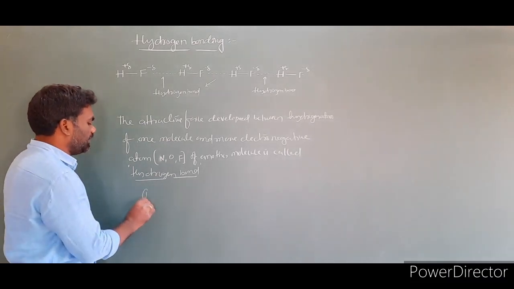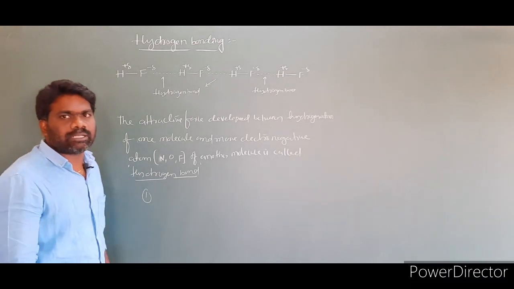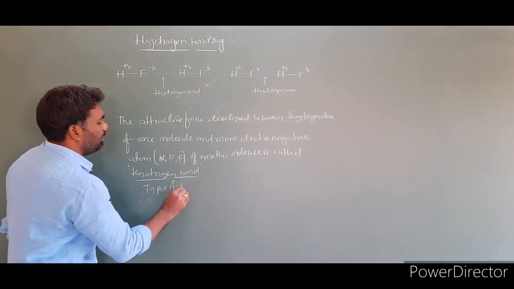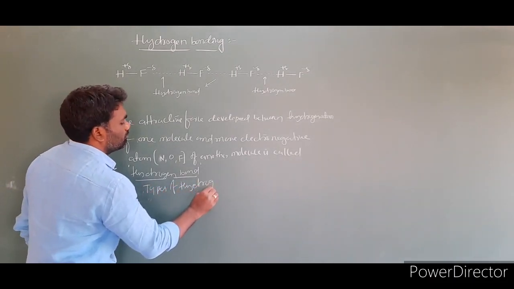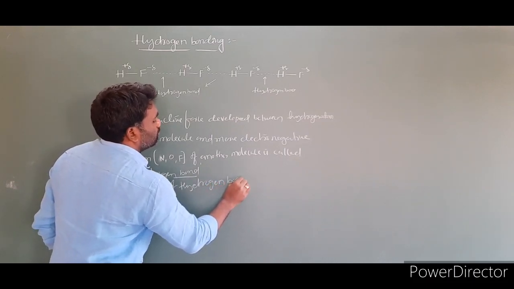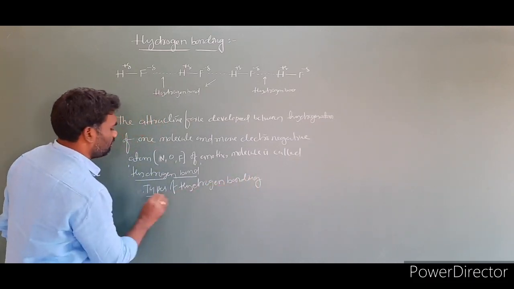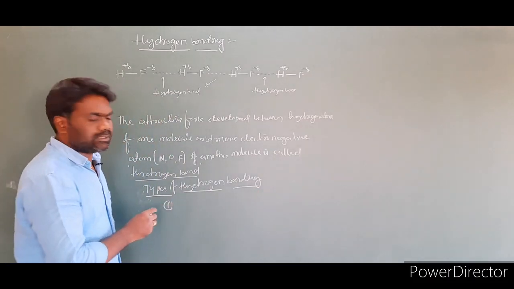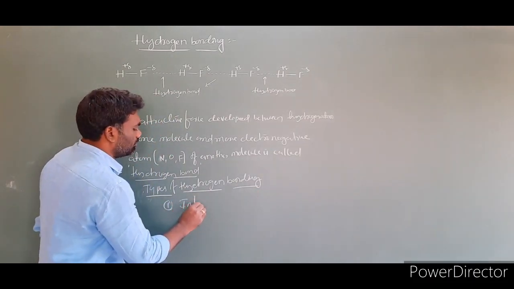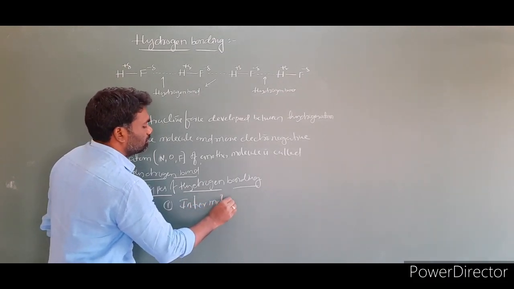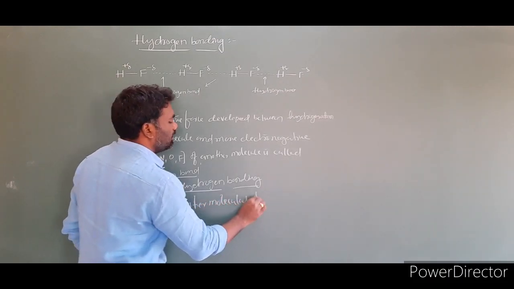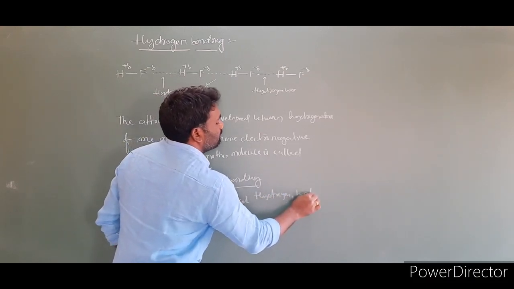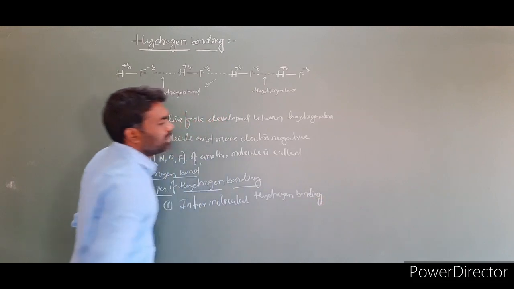Then hydrogen bonding has two types. There are two types of hydrogen bonding. Types of hydrogen bonding. One is called intermolecular hydrogen bonding.